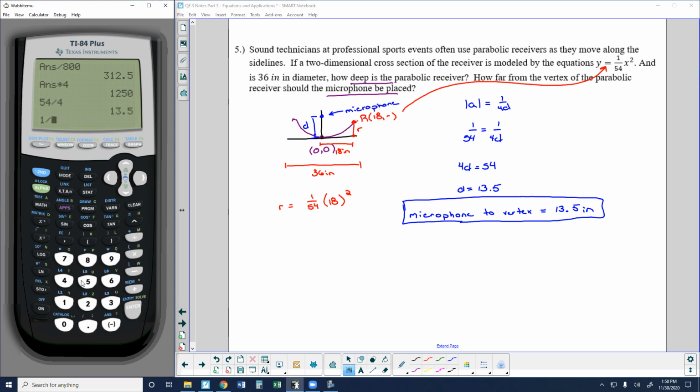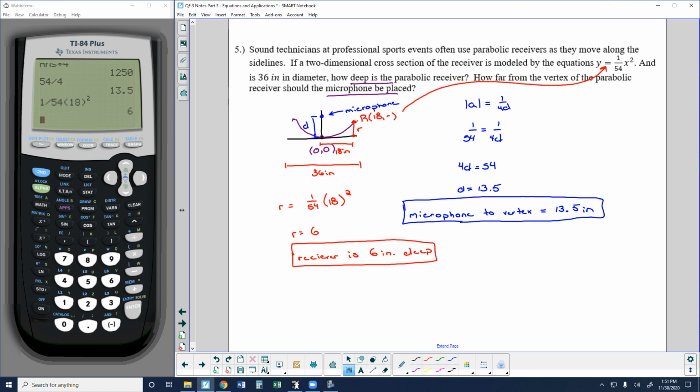And this we can do in our calculator. So 1 over 54 times 18 squared would equal 6. So the receiver is 6 inches deep. So here again, we're using the vertex form of the equation to get some different information about our parabola.